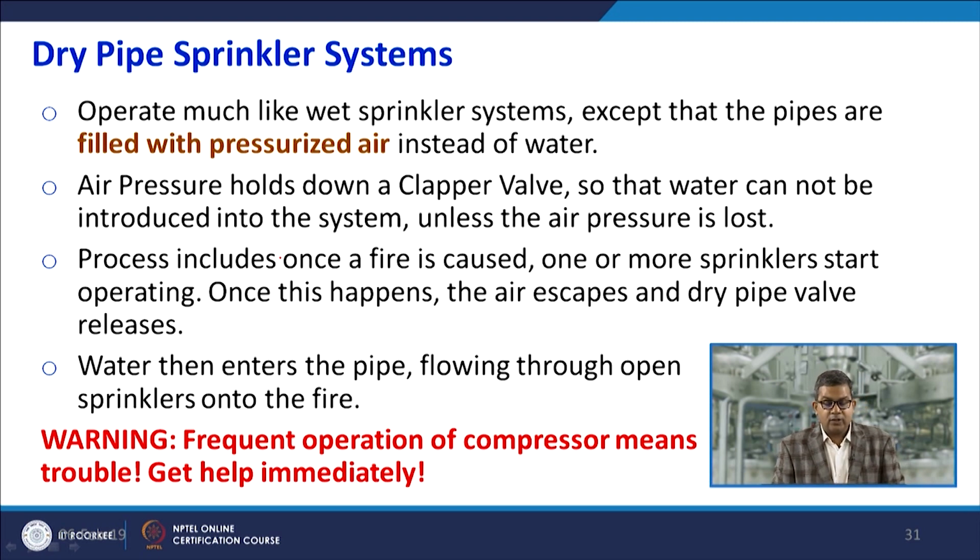This happens once a fire occurs and one or more sprinklers start operating. The air escapes and a dry pipe valve releases. Water then enters the pipe, flowing through the open sprinklers onto the fire. Now there is a statutory warning that frequent operation of a compressor means trouble. So that means get help immediately.